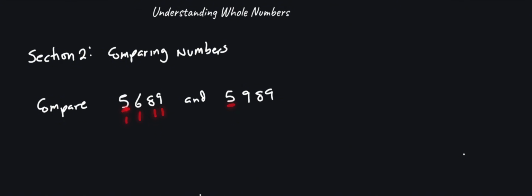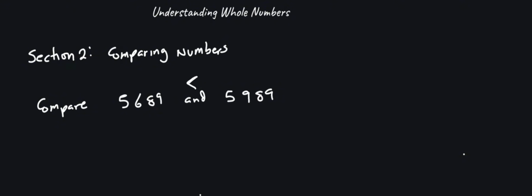So the thousands are the same, but then the hundreds are not the same. Which hundred is bigger, 9 or 6? Well, definitely 900 is bigger. So in that case, the crocodile opens its mouth towards the bigger one.